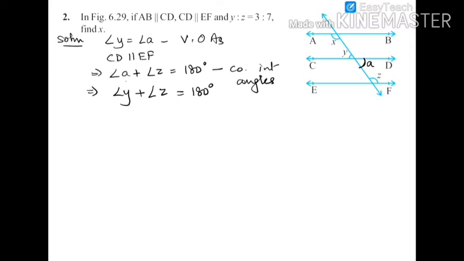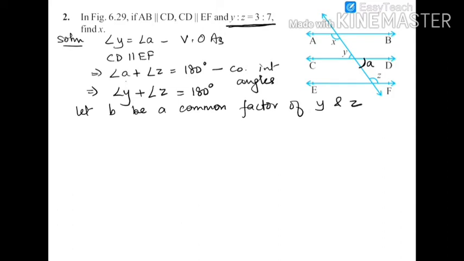It's given that y to z is 3:7. So let b be a common factor of y and z. So we can write y as 3b and z as 7b.